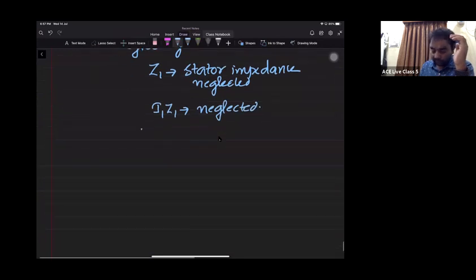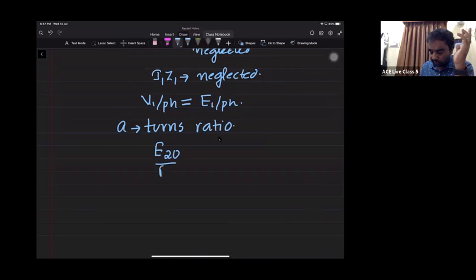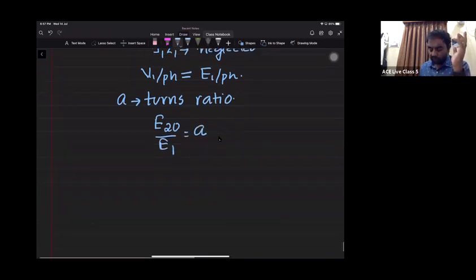In that case, V1 per phase will be equal to E1 per phase, because the drops are neglected. Then if A is the turns ratio, you know that E2 naught by E1 is equal to 1 by A, which is equal to K.